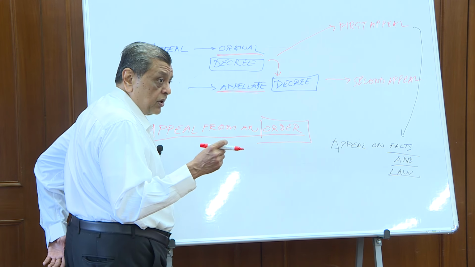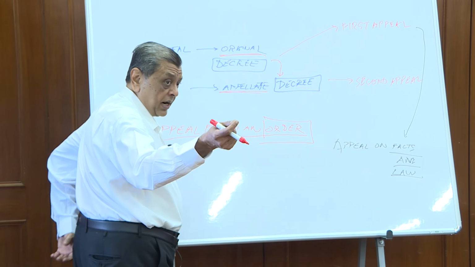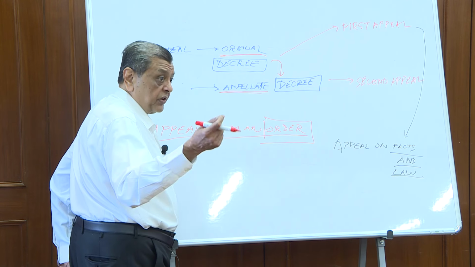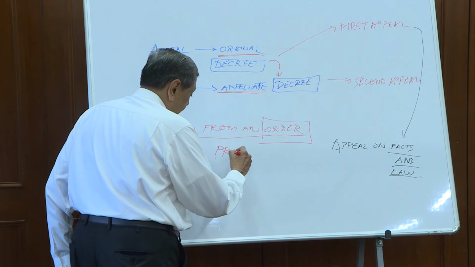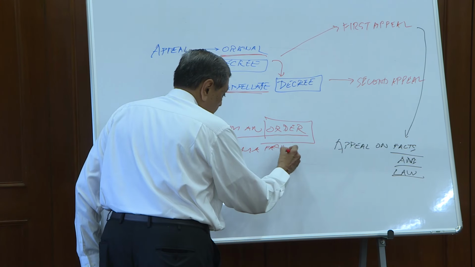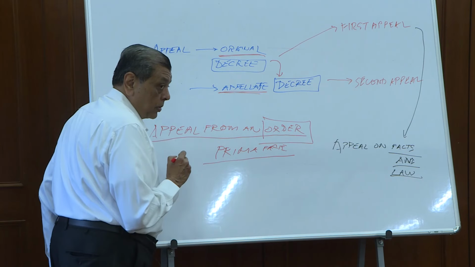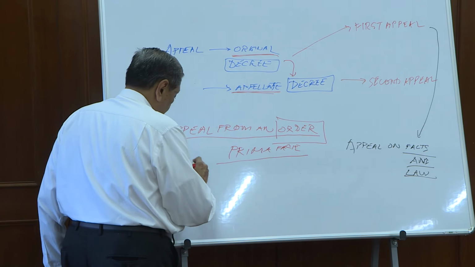This order is never done on an assessment of the evidence at trial. It's not a final adjudication. It's not a conclusive determination of the rights of the parties. It is that prima facie thing. Right? Now, you will therefore be filing what is called an AO.